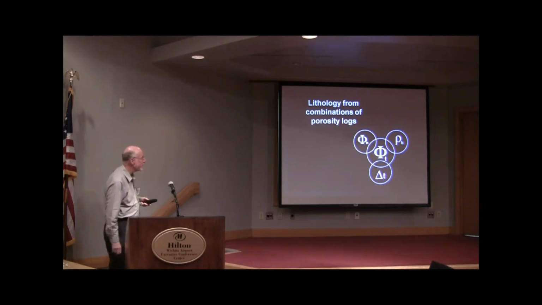Now, the other aspects are looking at the other logs, and again, we'll focus to start on the neutron and the density. So neutron porosity, bulk density, again, these are nuclear logs. But in this case, rather than measuring natural radioactivity, you have sources, a neutron source, which is pretty nasty, which is loaded on the neutron tool, and also the density.